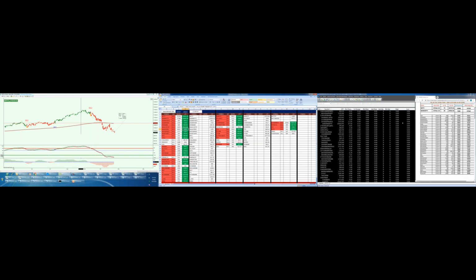I'll take you to the chart of Nifty first. So let's start with Nifty.